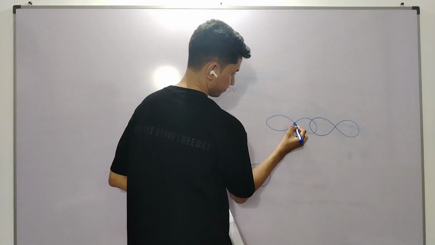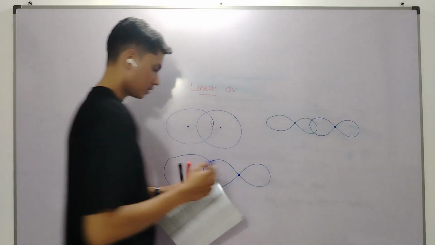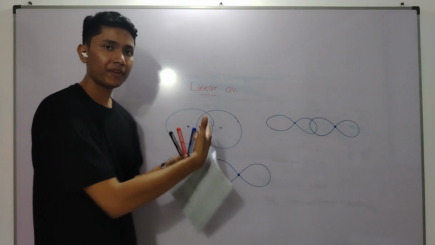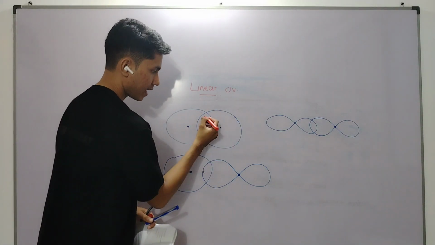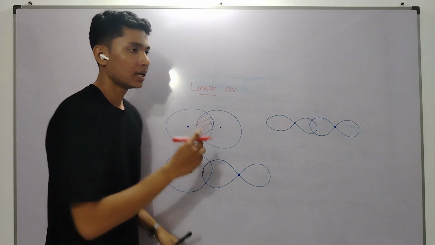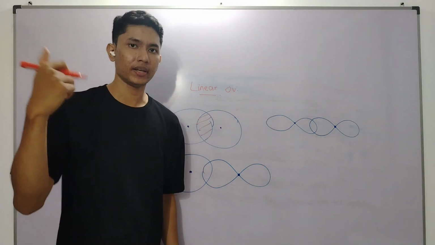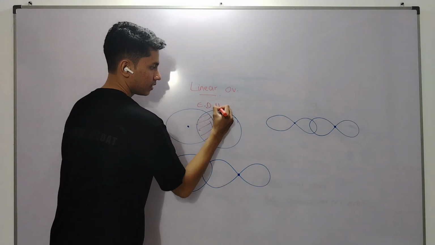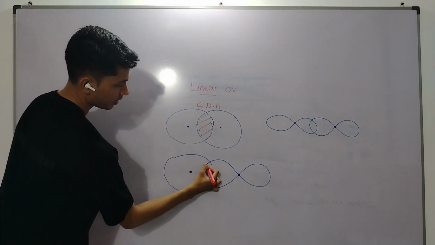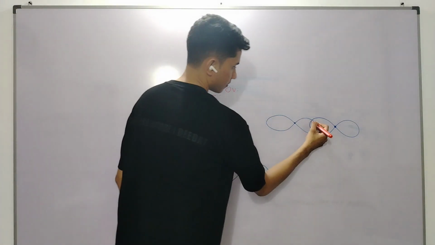After two orbitals are overlapped, their common area is called the electron density higher area. These are electron density higher areas.